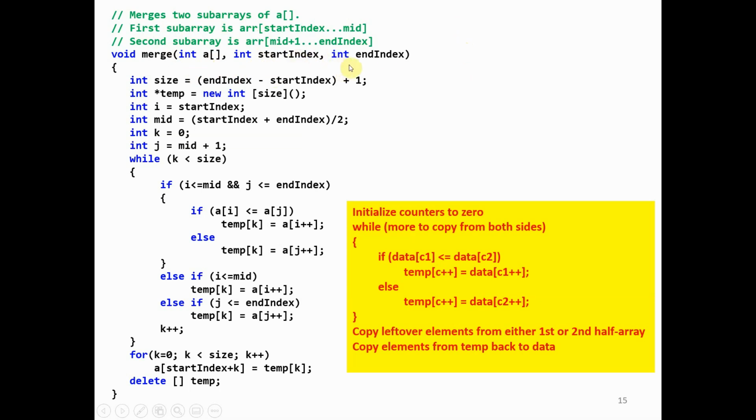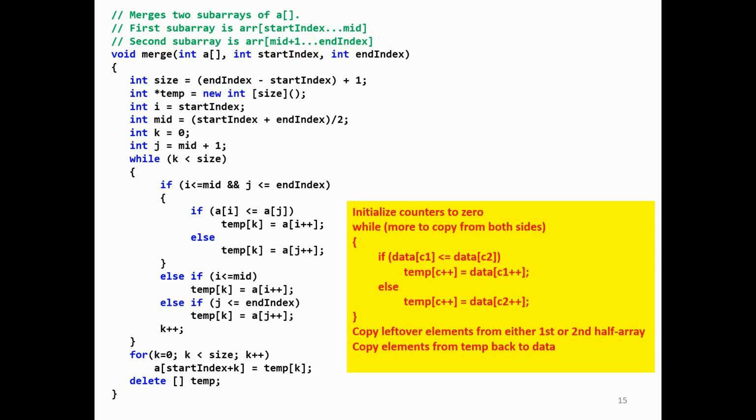The second one goes from mid plus 1 up to the end index. And each of these sub-arrays is separately sorted. So the first array is from start index to the midpoint. This is sorted. This is the precondition. And the second sub-array, which goes from mid plus 1 to end index, is also sorted.